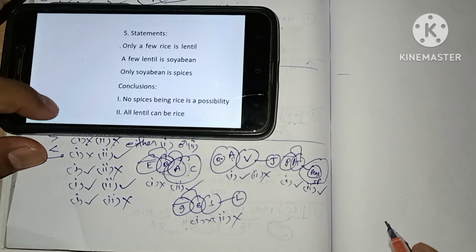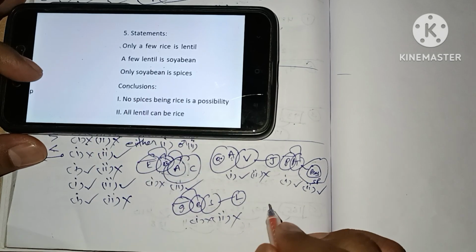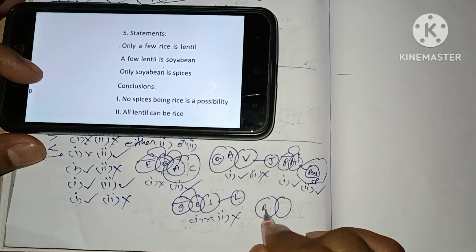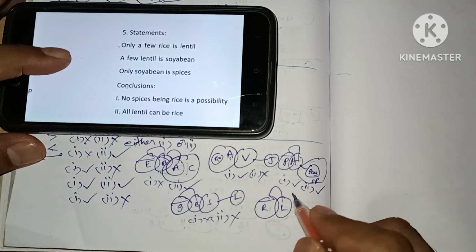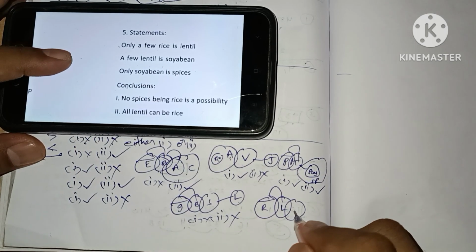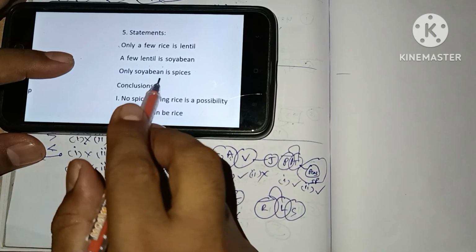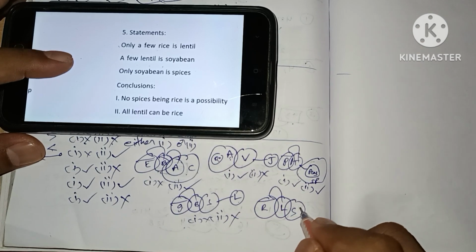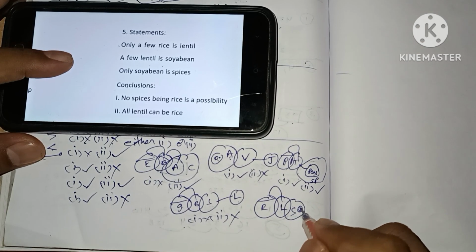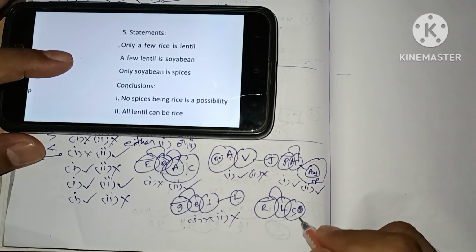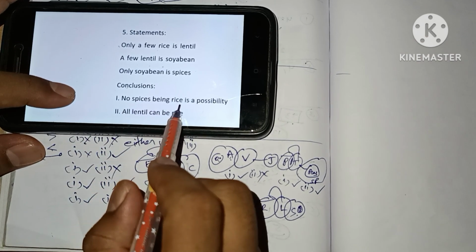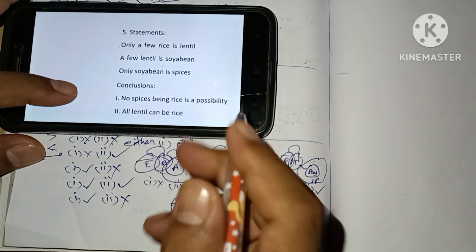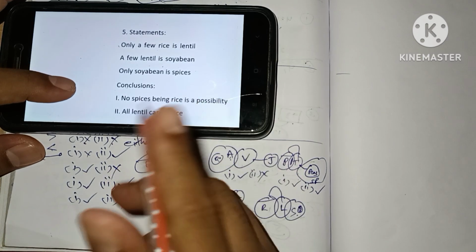Let's see the fifth one. Only a few rice is lentil. Few lentil is soya bean. So some lentil is soya bean. Only soya bean is spice. So spice is inside soya bean and doesn't share with anything except soya bean. Let's see the conclusions. No spice being rice is a possibility. We need to check this one.